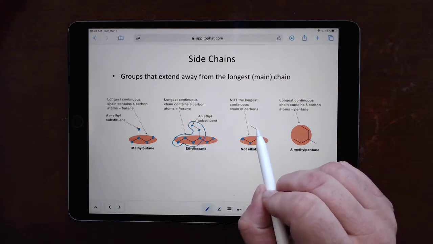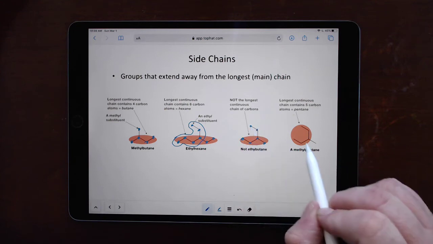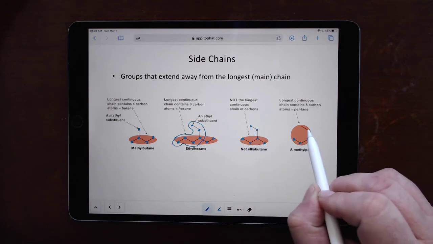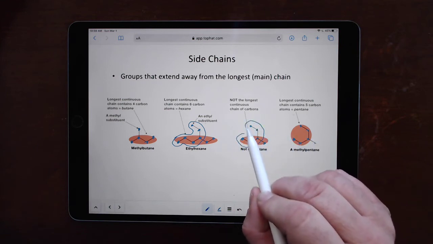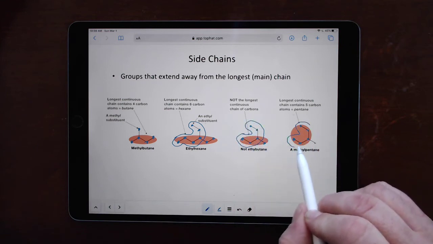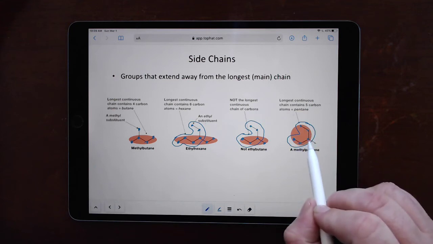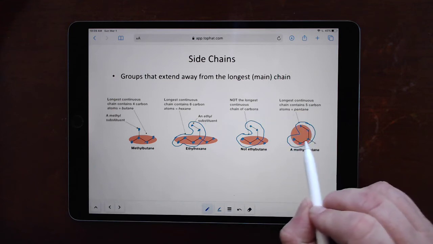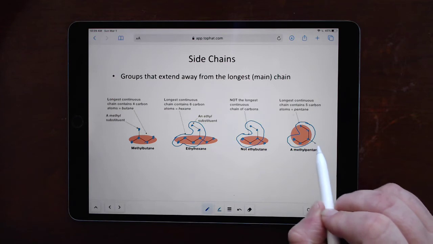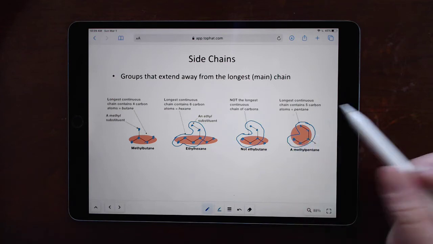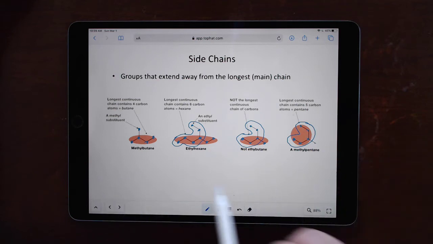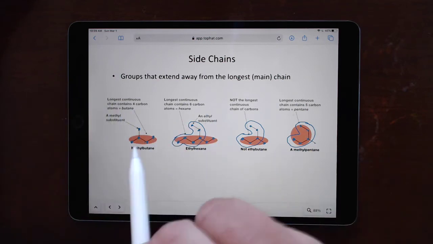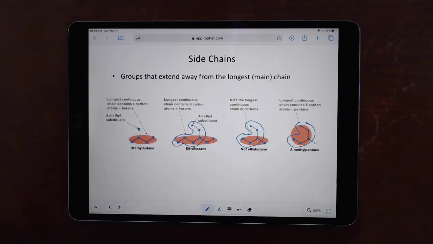Here, 1, 2, 3, 4, but if we go up here, you can go 1, 2, 3, 4, 5. So in fact, this is actually the main chain. You go from one end to the other, nice and smooth, without going backwards, but don't forget to go down the side chains when figuring that out.